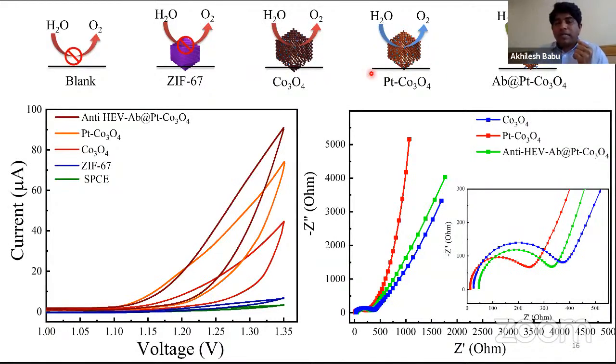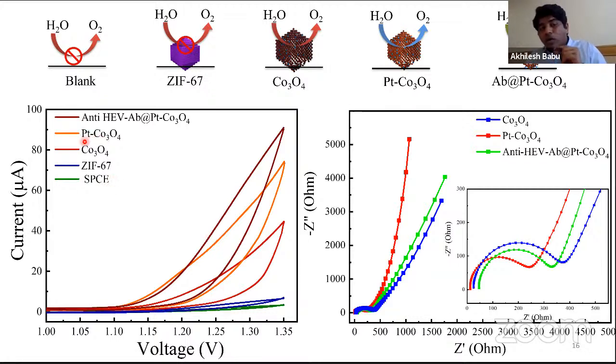What we have done is, initially we did cyclic voltammetry, CV. Here the blank is the SPC, that is the screen printed carbon electrode, only carbon electrode, wherein we could see a small increase in the potential at around 1.5, from around 1.25, but it is very less. When only ZIF67 was added, a little shift is observed, but not very much.